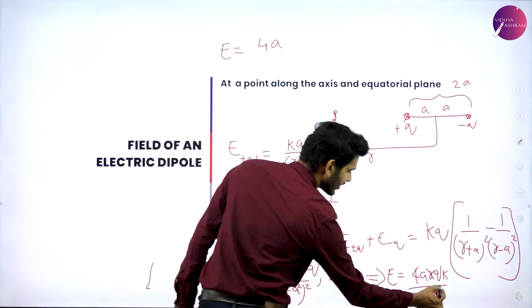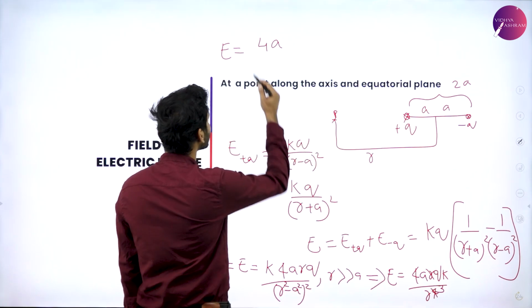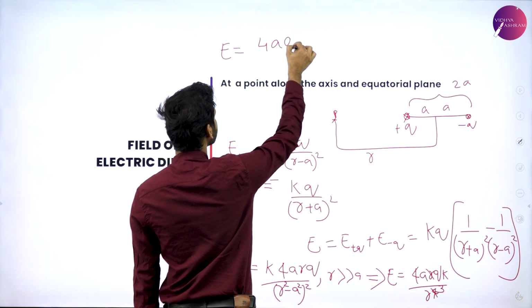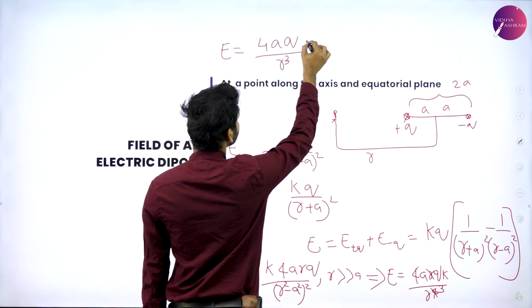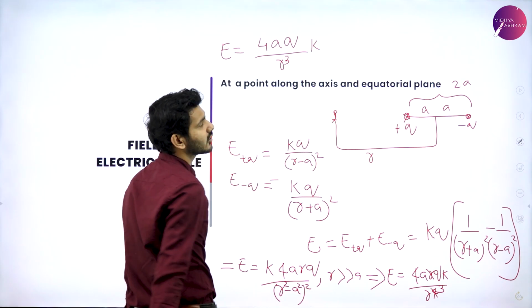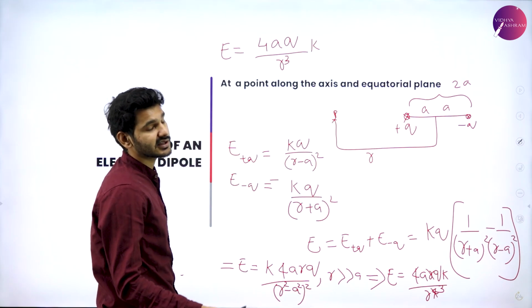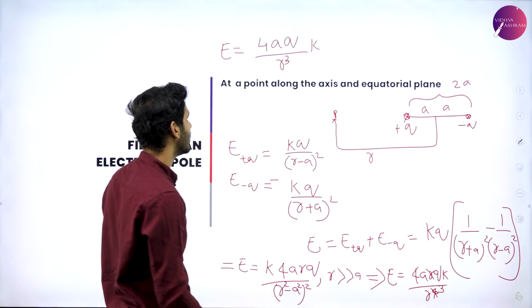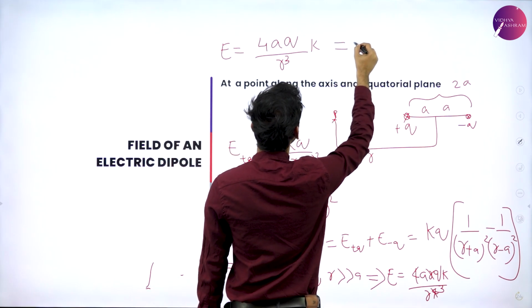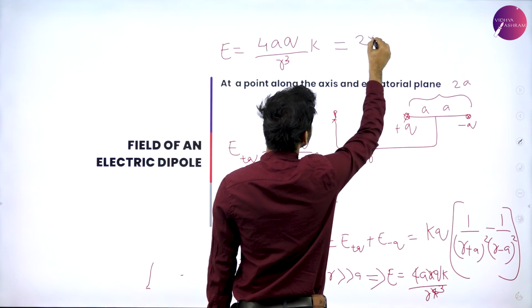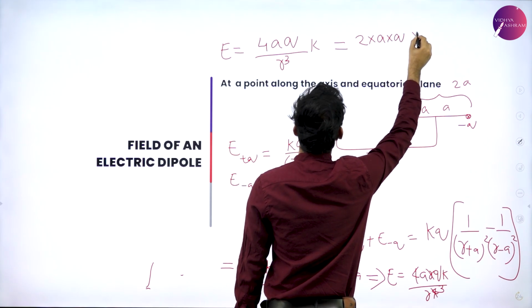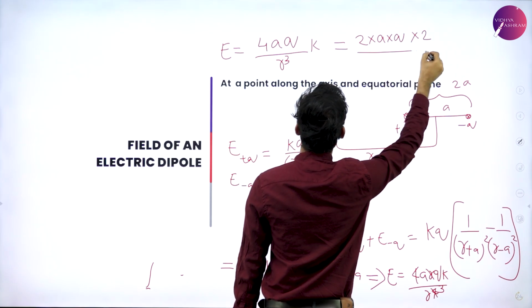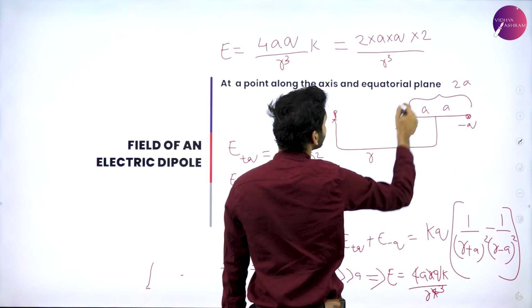And finally, we can write it as E is equal to 4aQ divided by r cube, and there is the constant of proportionality K, which is nothing but 1 by 4 pi epsilon naught. And we wrote this as 2 into a into Q into 2 divided by r cube.